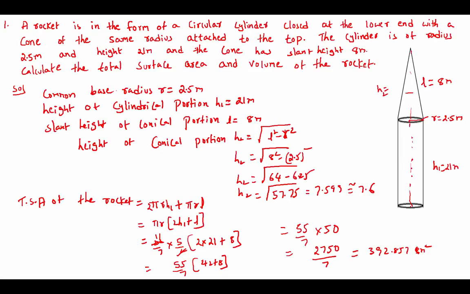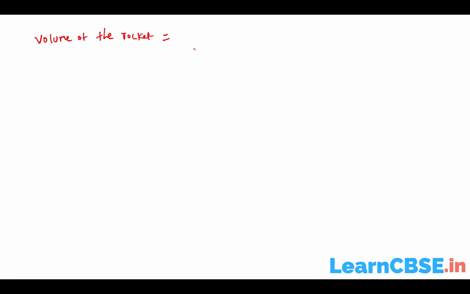Now go for the volume of the rocket. Volume of the rocket equals volume of the cylindrical portion plus volume of the conical portion.